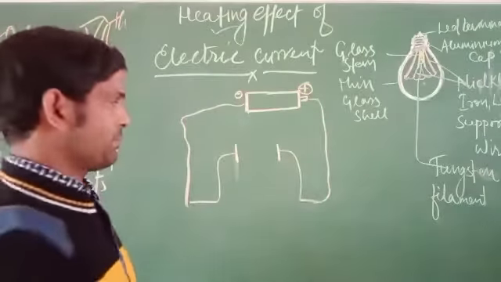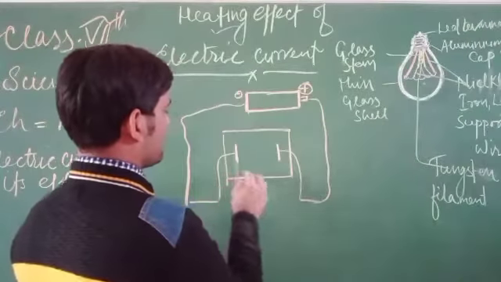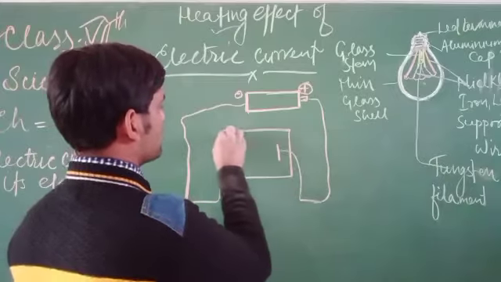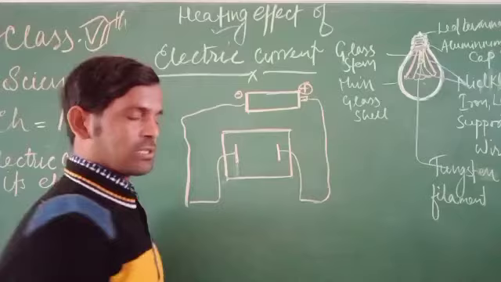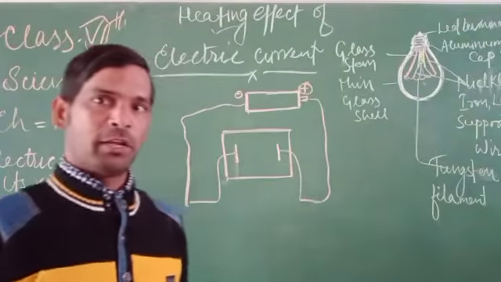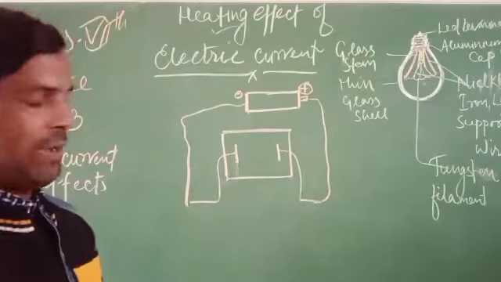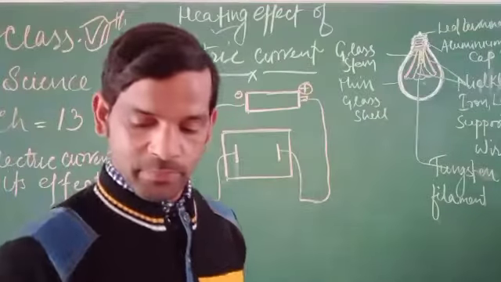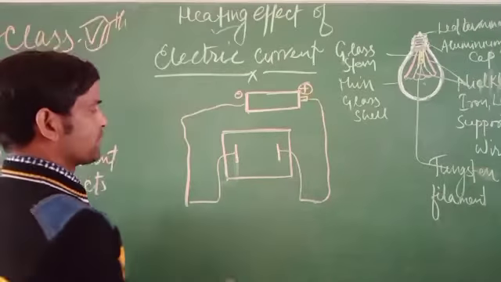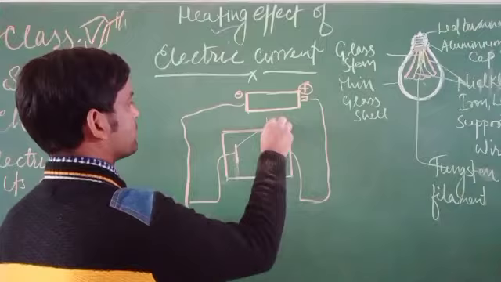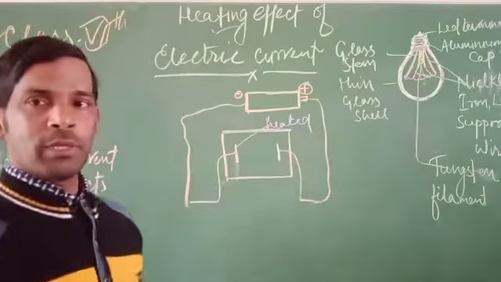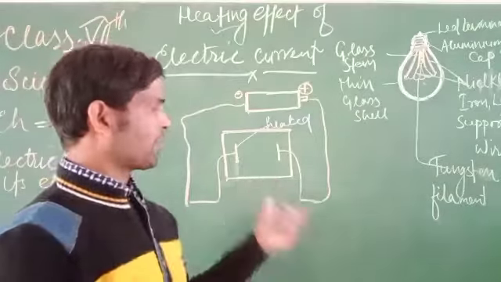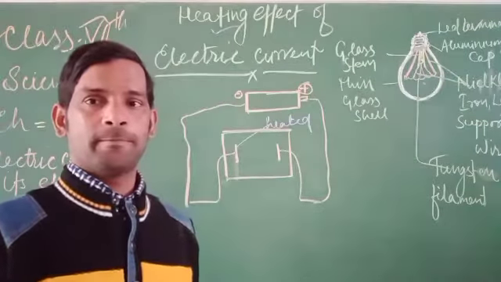What will happen if there is a board on which these nails are situated like this, and the electric current is continuously supplied? After some time this will get heated, and due to heating it can produce energy.